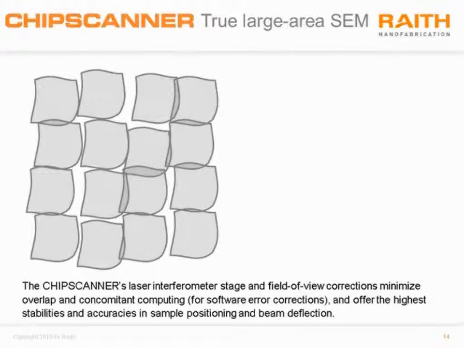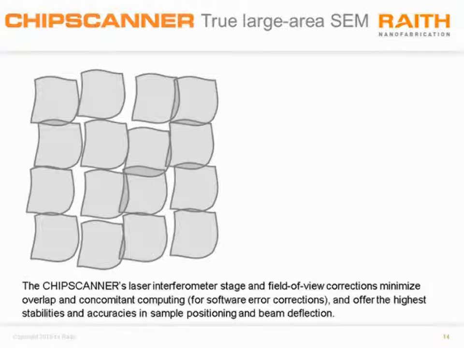Traditional electron microscopes all have fields of view with distortions, and that's signified by these non-square fields of view. These distortions come from imperfections in the electron optics. They come from nonlinearities in the scan electronics.